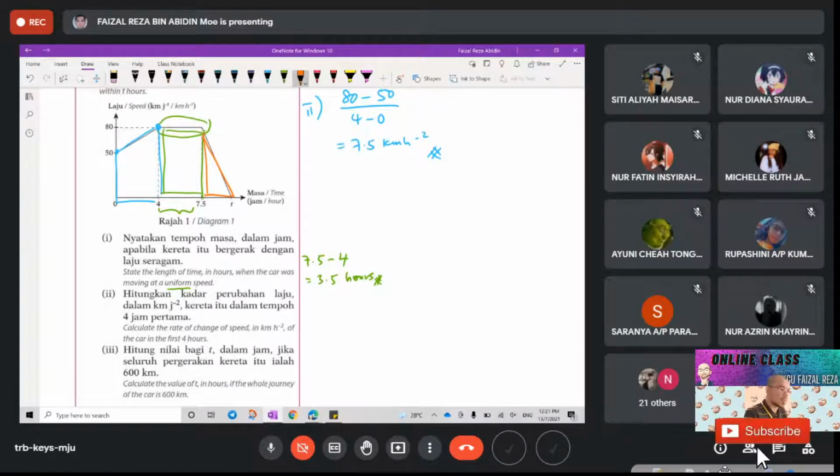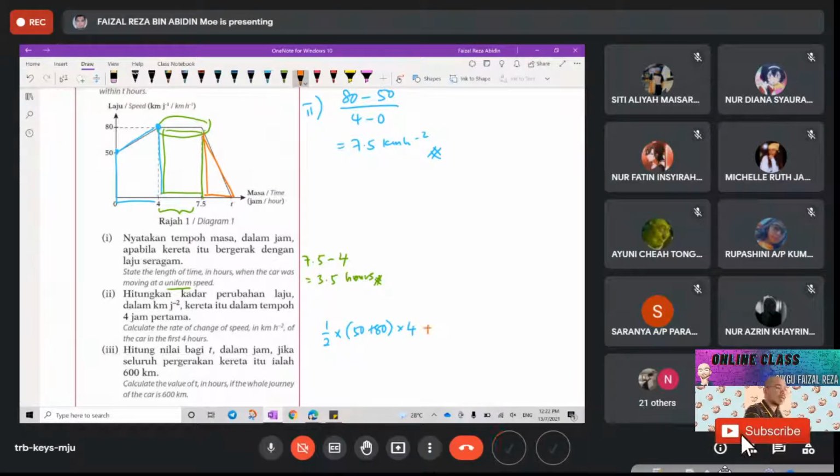So the first one is a trapezium, so I'm going to have 1/2 times the parallel lines, 50 plus 80, times our height, 4.